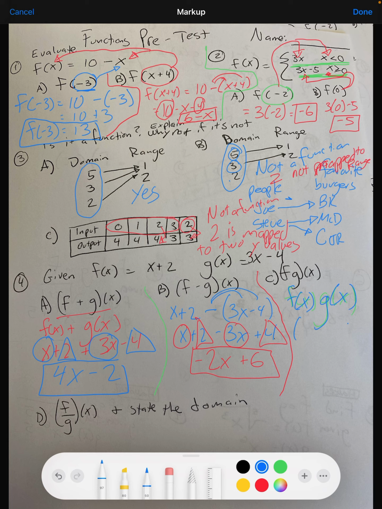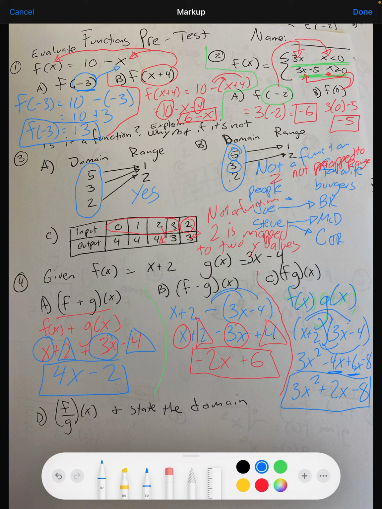And that will be x plus 2 times g of x, 3x minus 4. X times 3x, 3x squared, minus 4x, plus 6x, minus 8. We can combine our x's. Okay, that's going to be 2x minus 8.